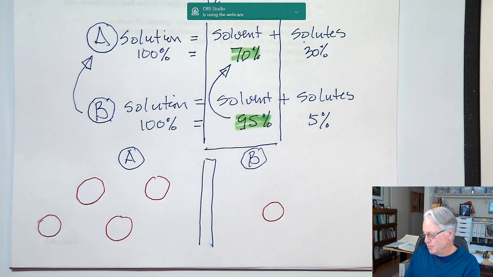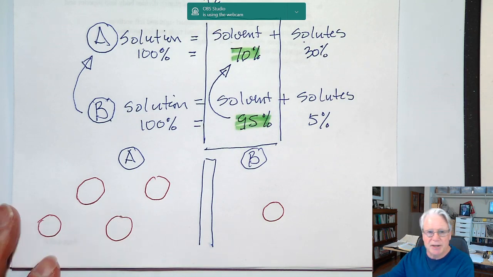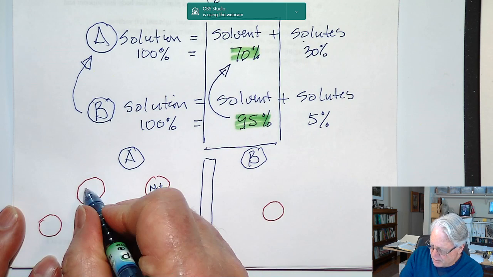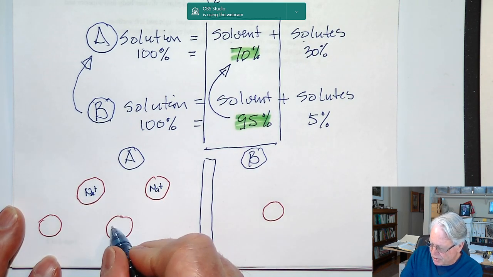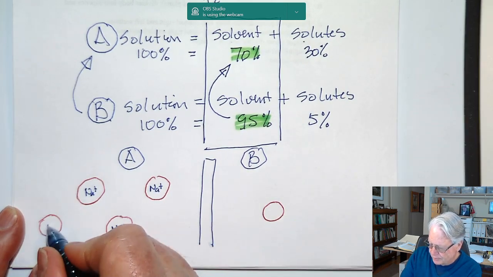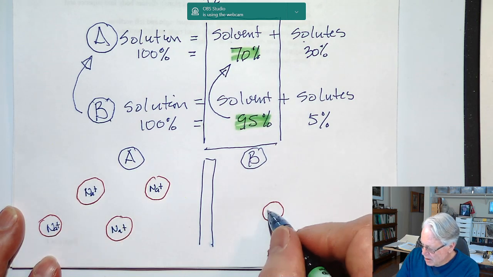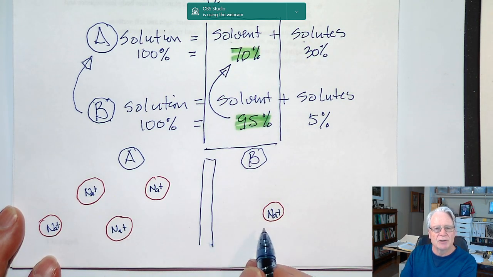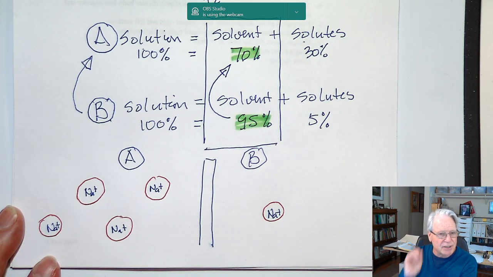Those are my solutes. And this is sodium. I'm not going to put in the chloride, but you'll know it's there. As you can see, I have more sodium over here than over here. So that still is in keeping with what we had said earlier.